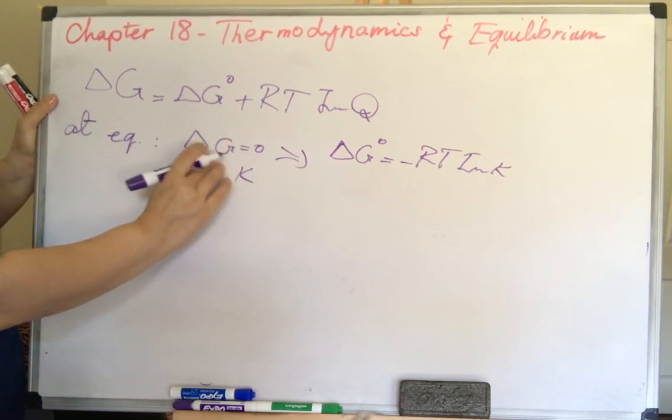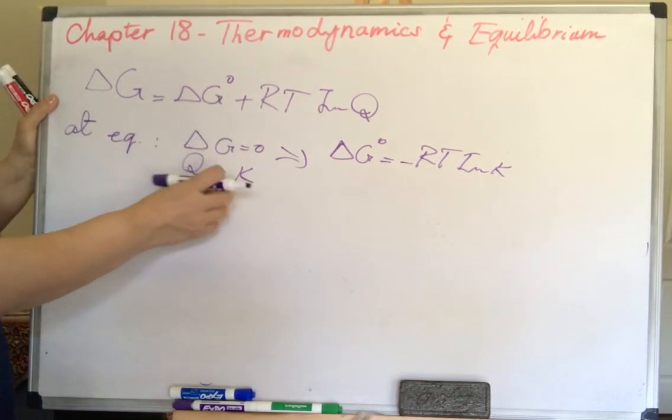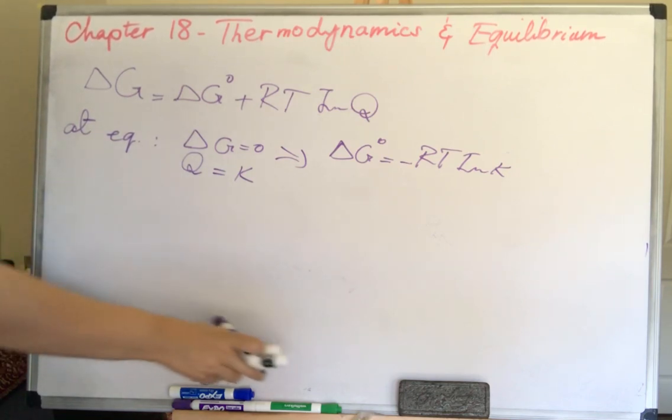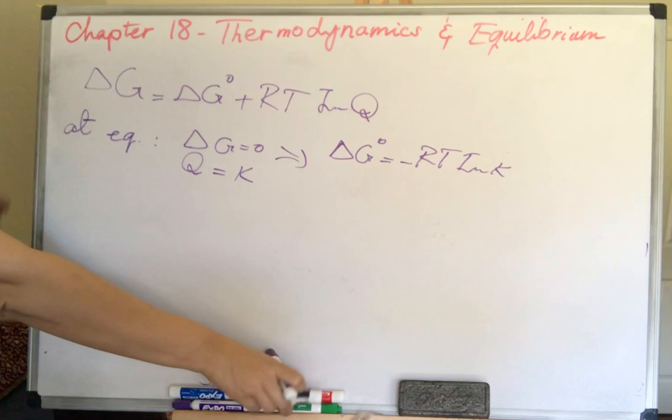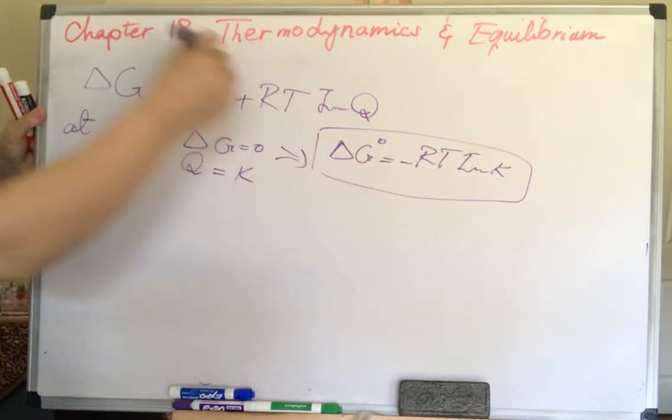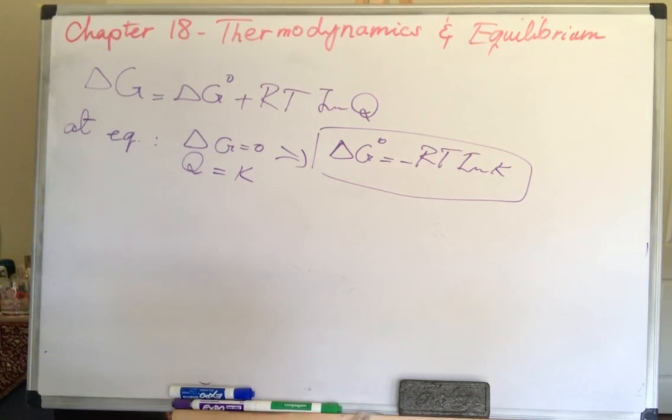You remember we said K and Q are the same. The difference is that K is for equilibrium and Q is not for equilibrium. Then you can have delta G standard is minus RT ln K. This is a very important formula which will be given again. So you can work on different examples you have.